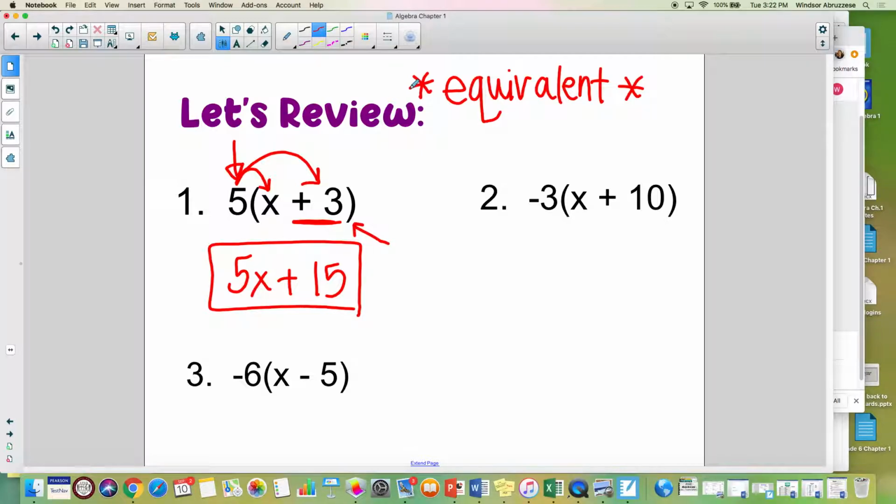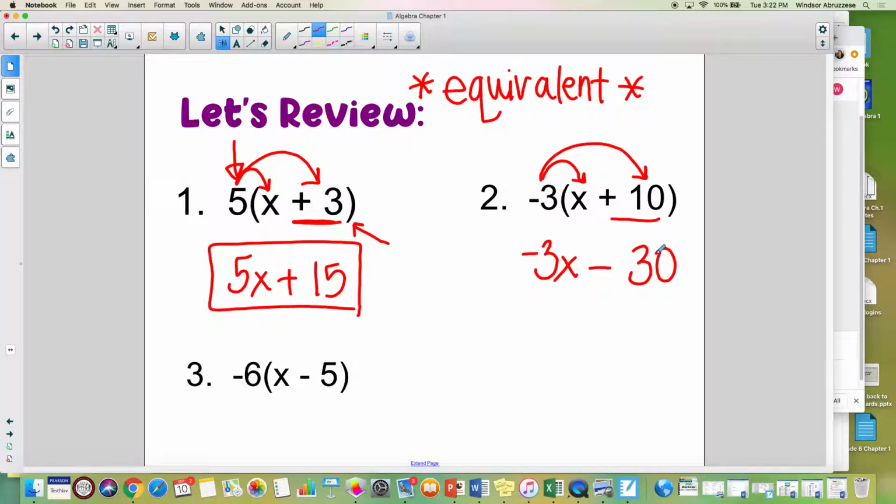Number 2, I have negative 3 times the quantity of x plus 10. So again, I'm going to multiply my negative 3 times both terms in parentheses. Negative 3 times x is negative 3x, and negative 3 times a positive 10 is a negative 30.